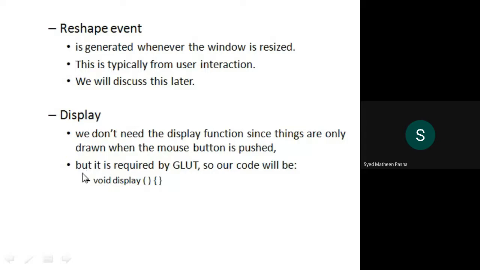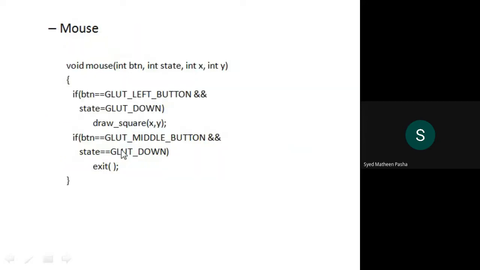But if you are using this display function, we need the library called glut. How to use display function in the glut library: you are just defining a function called void display, as we have represented in all our lab programs. We have defined a separate display function which consists of some functionalities inside it. So this is the explanation of reshape as well as display function.